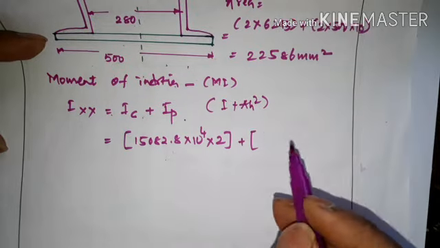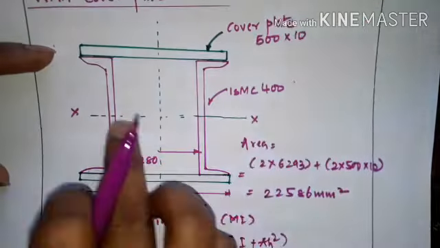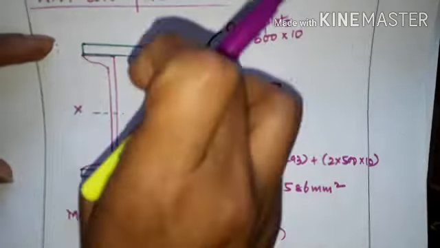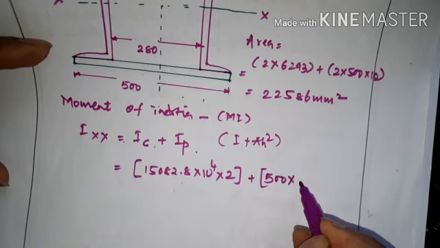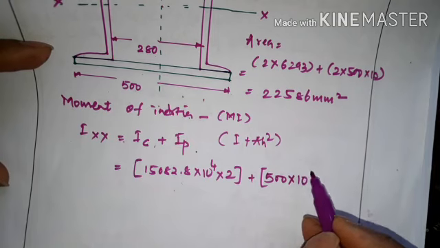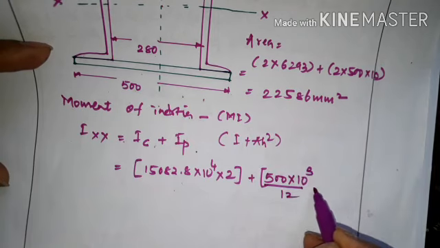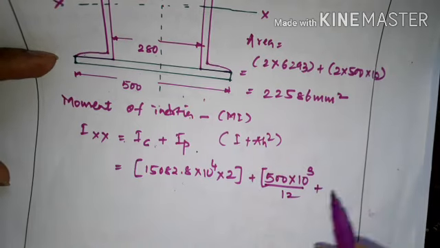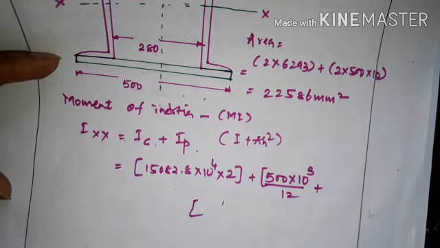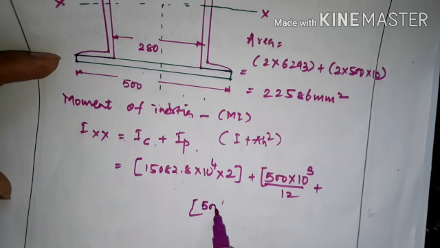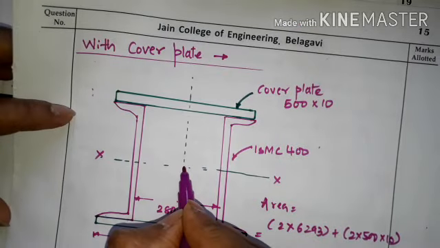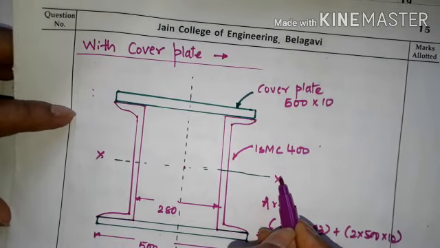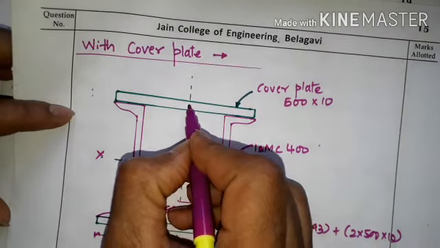Now for the plate, with respect to the horizontal axis, this is B and this is D. So B is 500 and D is 10, that is B D cube by 12, plus A, that is 500 by 10, into h. h is the distance from the horizontal axis to the center of this plate.